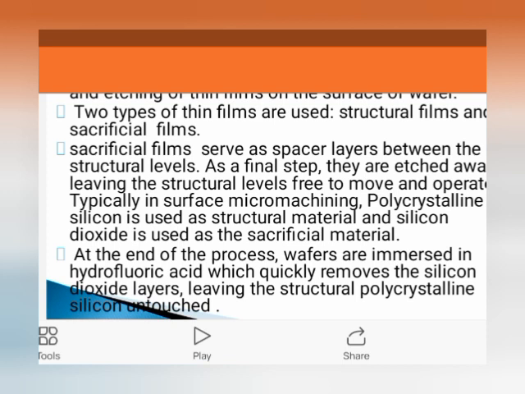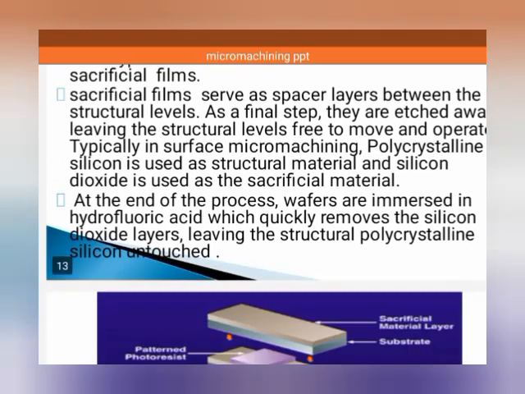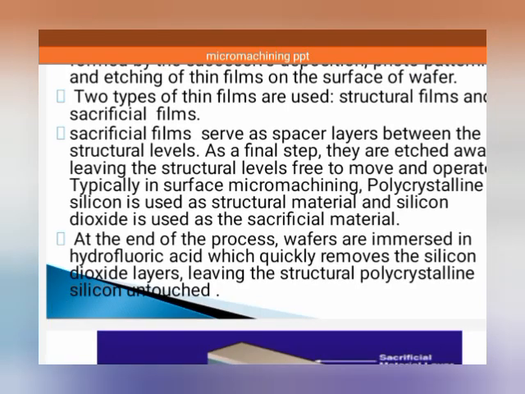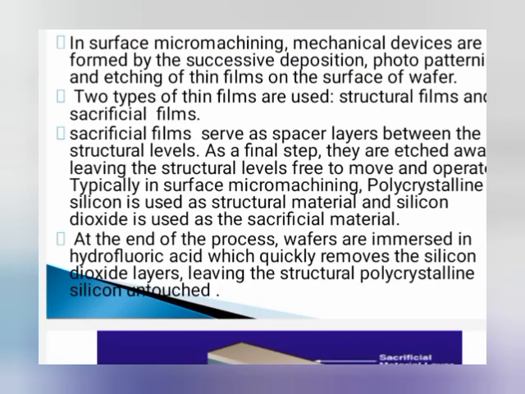Typically, in surface micromachining, polycrystalline silicon is used as the structural material. At the end of the process, wafers are immersed in hydrofluoric acid, which quickly removes the silicon dioxide layers, leaving the structural polycrystalline silicon.